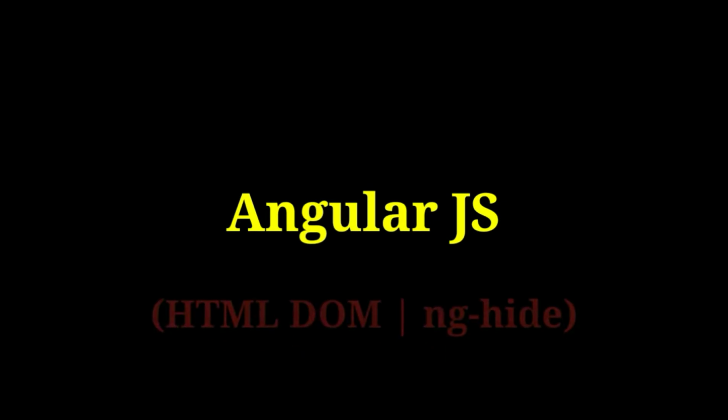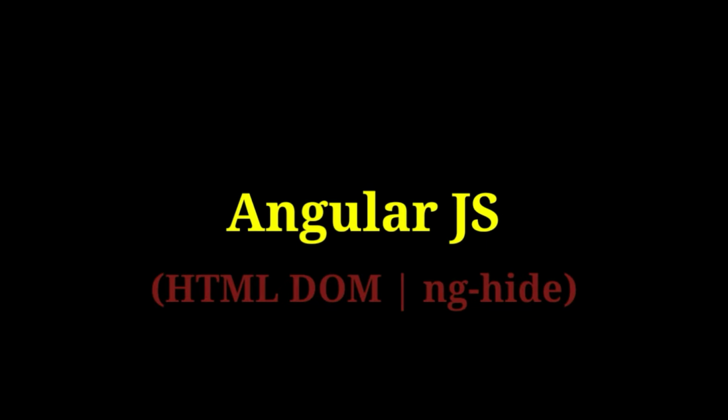AngularJS. So in this session we are going to see HTML Angular. We are going to see the directive named ng-hide. This directive is used to bind the application data to the attribute of HTML DOM element.